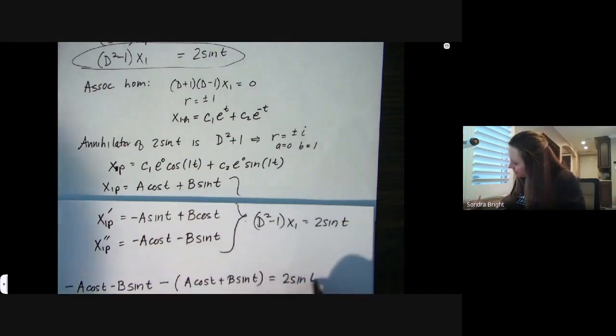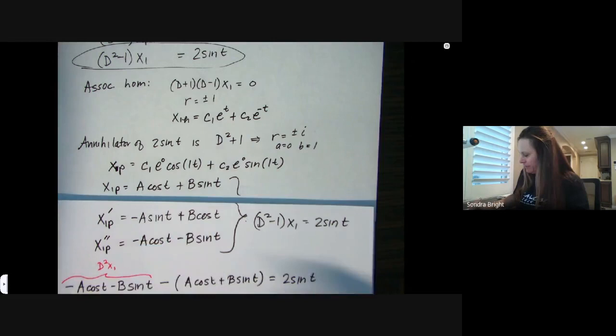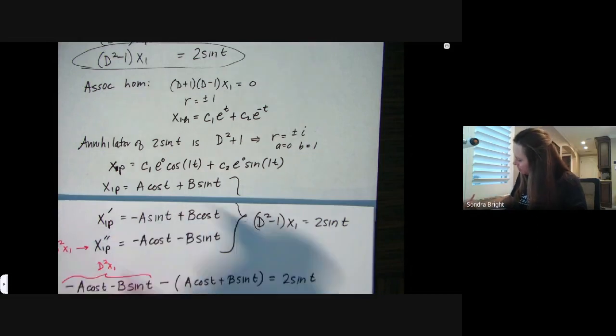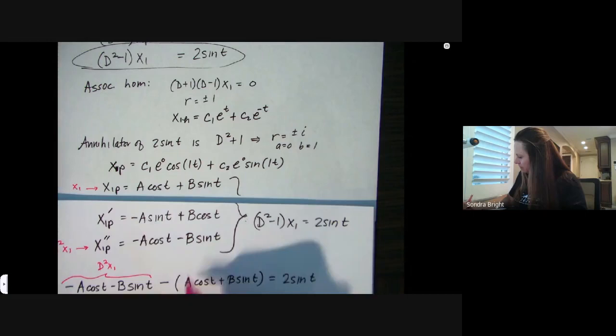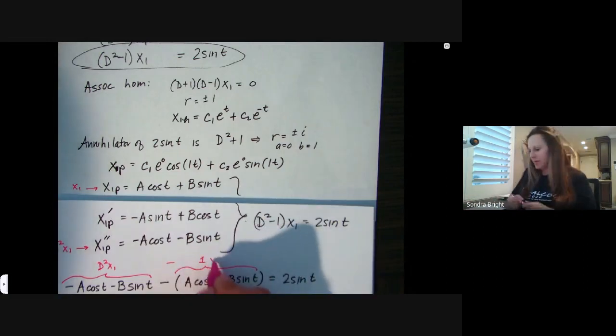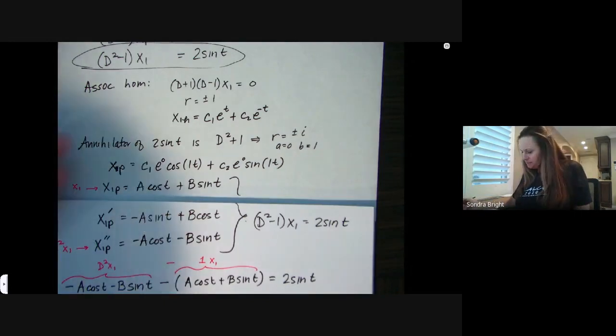Show you. This one is the D squared of x1, which is this guy. And then this guy is just that x1. So this was minus 1, so just a minus 1 x1.